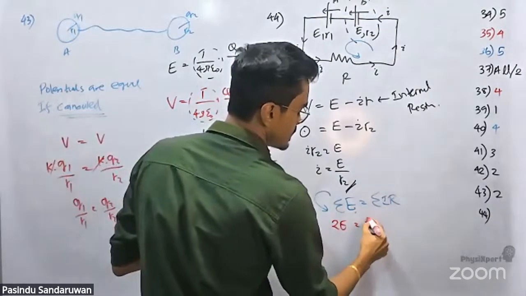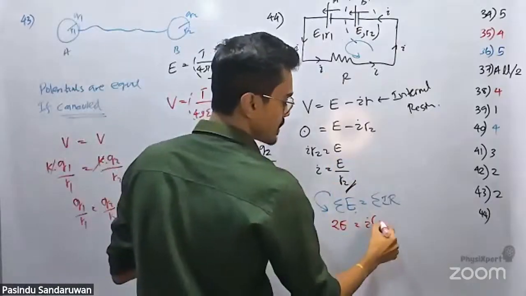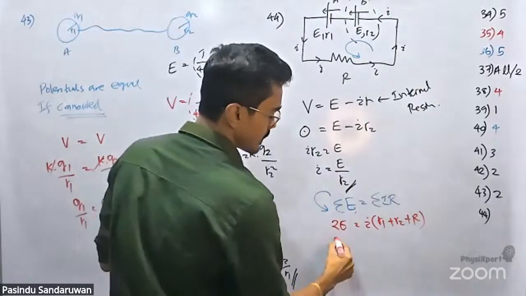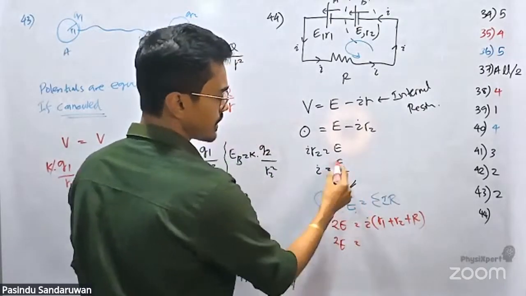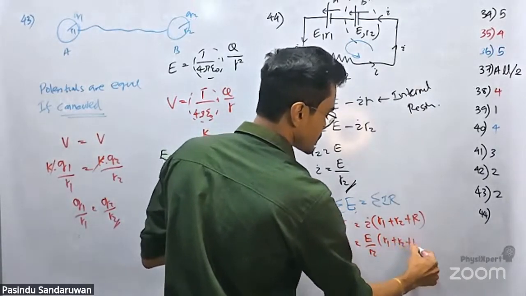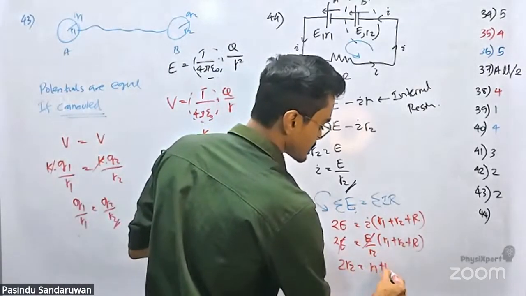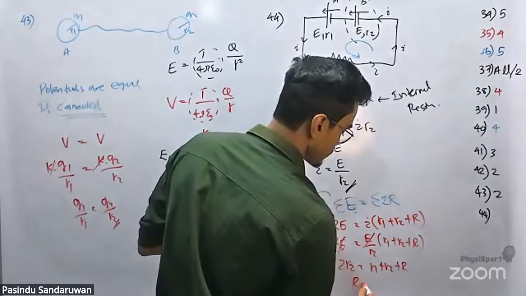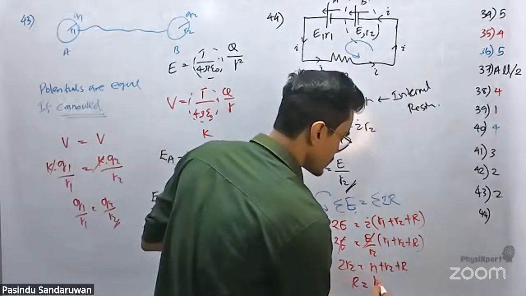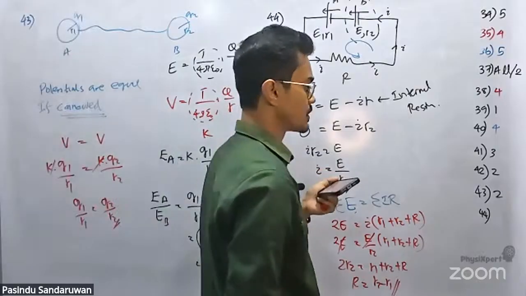I is simple I. Total resistance is R1 plus R2 plus capital R. And 2E equals I, which is E over R2, times R1 plus R2 plus capital R. E to E cancels. 2R2 equals R1 plus R2 plus capital R. Subject R from here. R will be 2R2 minus R2 minus R1, which is R2 minus R1. Answer to 44.